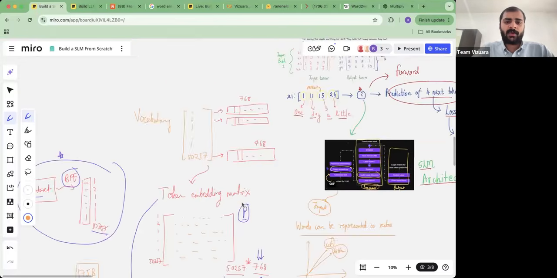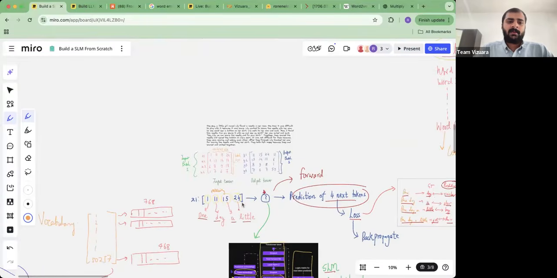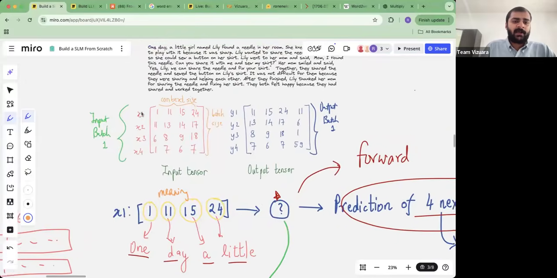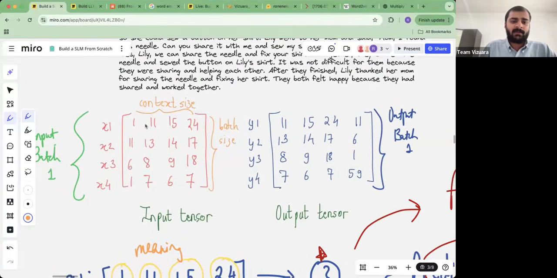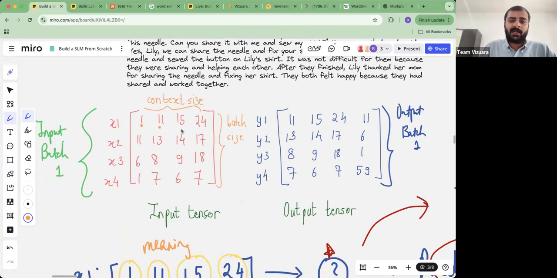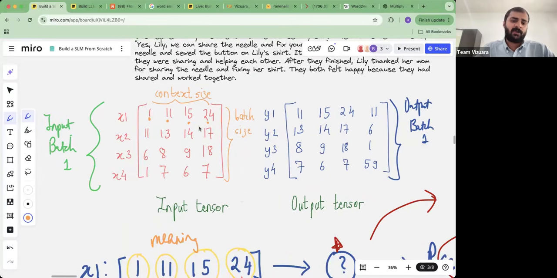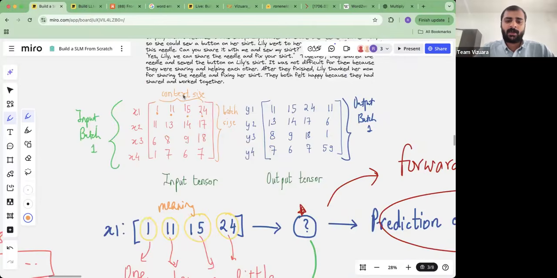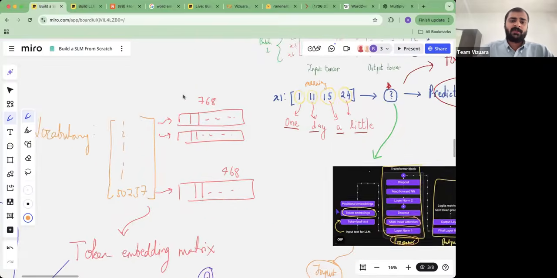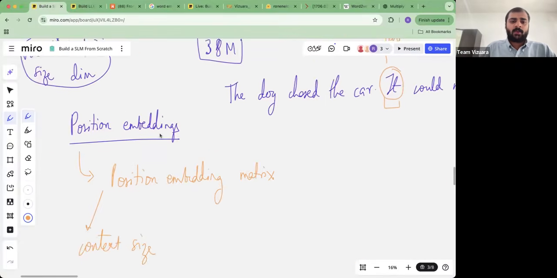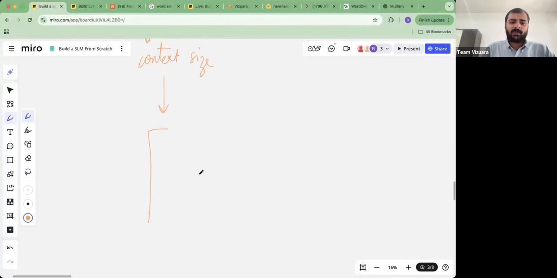Because take a careful look over here. Remember, the context size here was 4, right? So I can have a token in position number 1, 2, 3, or 4. I can never have a token in position number 5 because that's not my context size. Essentially, the maximum value of the position is determined by the context size. And since we are going with GPT-2, the position embedding matrix will have a size of 1024 cross 768.